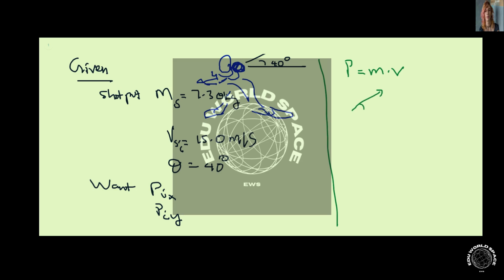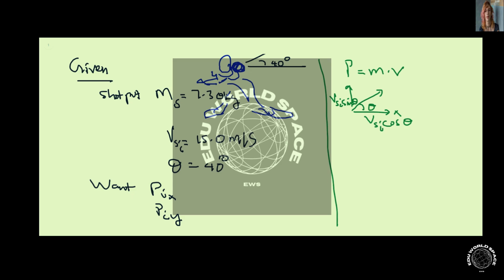Remember, momentum is just the mass times the velocity. In the x direction, if you have an object going at an angle of theta, your velocity is VSI cosine of theta. In the y direction, you have VSI sine of theta.